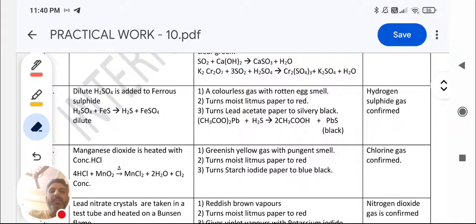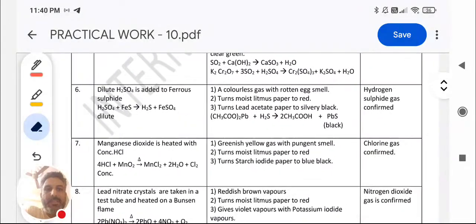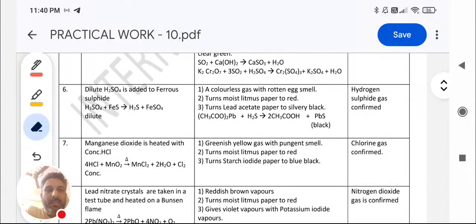And then the sixth one is hydrogen sulfide gas. Hydrogen sulfide gas can be produced from a metal sulfide by adding a dilute acid. So here in this case, dilute sulfuric acid is added to ferrous sulfide, which gives hydrogen sulfide gas.